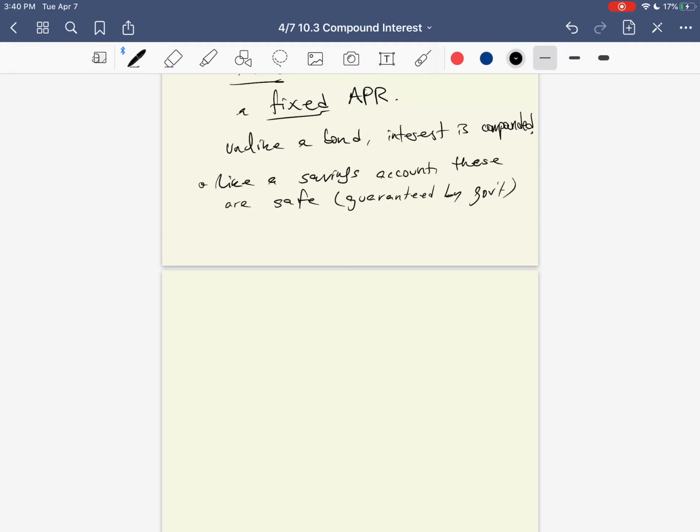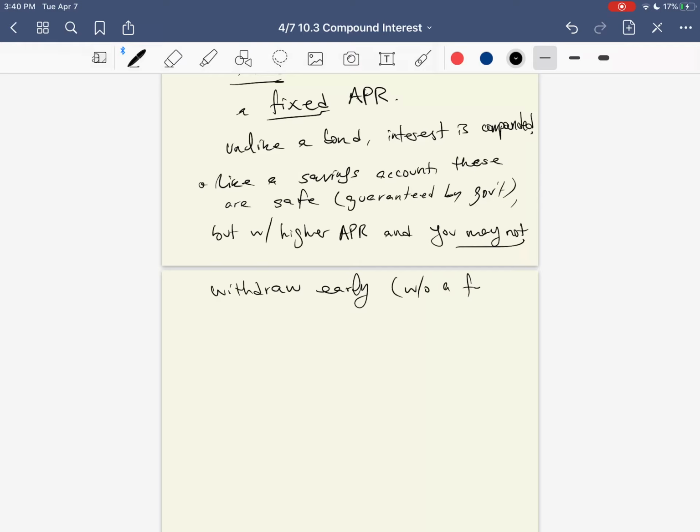Like a savings account, these are safe. Unlike a savings account, they come with a higher APR, and you may not withdraw early without a fine, without a fee.